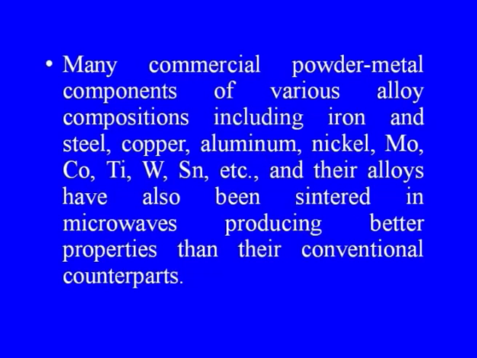Many commercial powder metal components of various alloy compositions, including iron and steel, copper, aluminum, nickel, molybdenum, cobalt, titanium, tungsten, tin, etc., and their alloys have also been sintered in microwaves, producing better properties than their conventional counterparts.